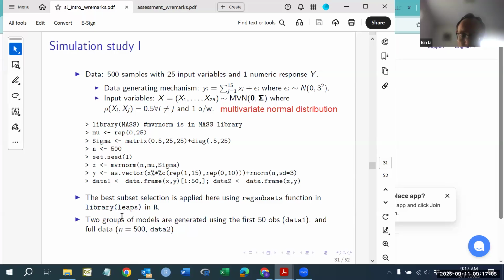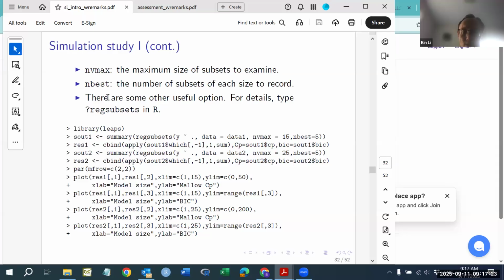We generate two groups of models: first, using the first 50 observations, and second, using the full data set, which contains 500. This is the sample code, and these are the parameters that I used, nvmax and nbest.